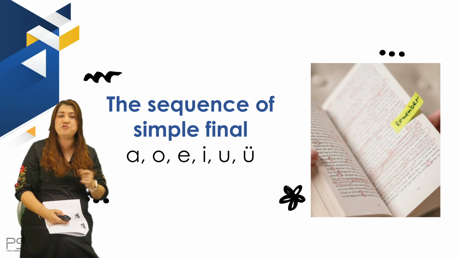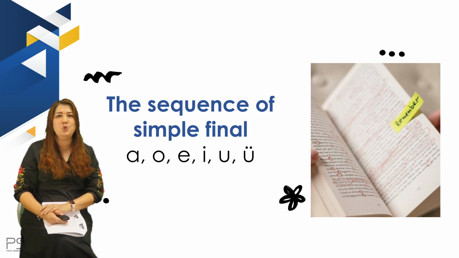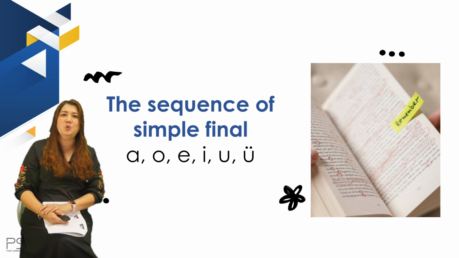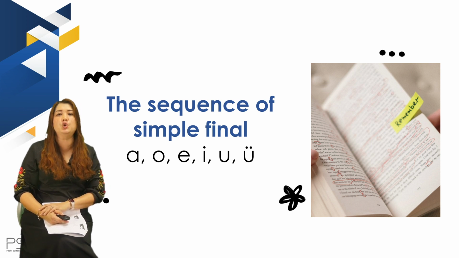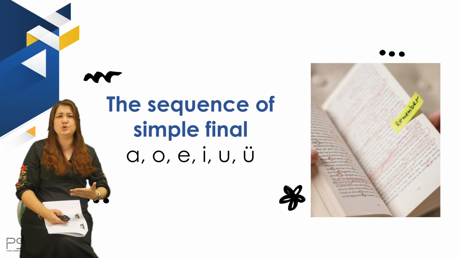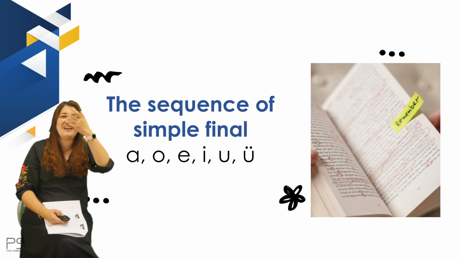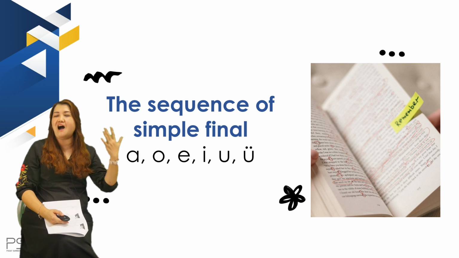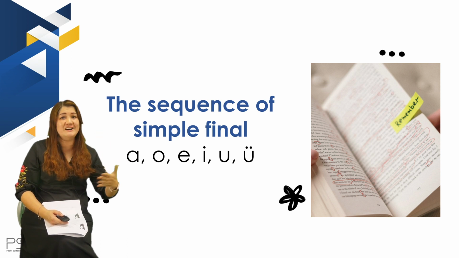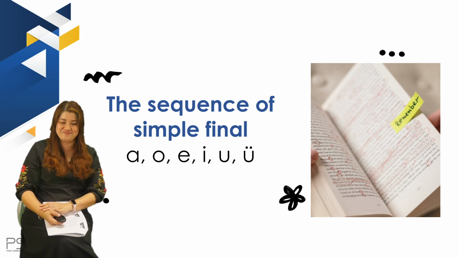The fifth one, u. And the last one is ü. If you can, try not to look at the slide and try to remember it. A, o, i, e, u, ü. Please give yourself a try.